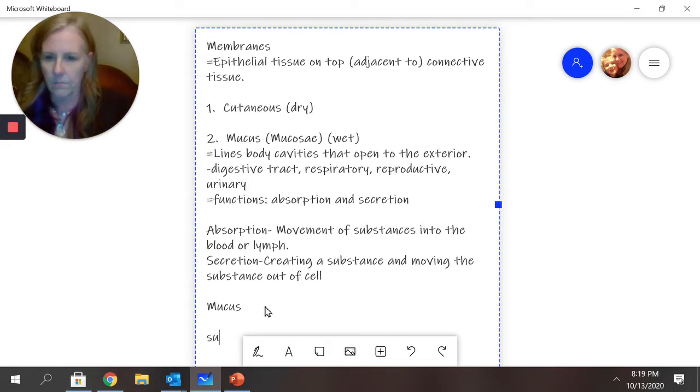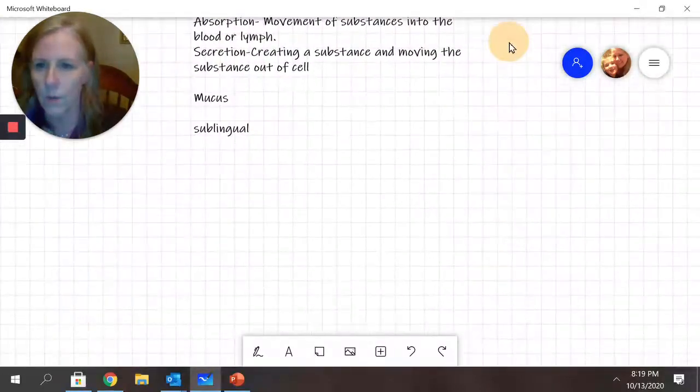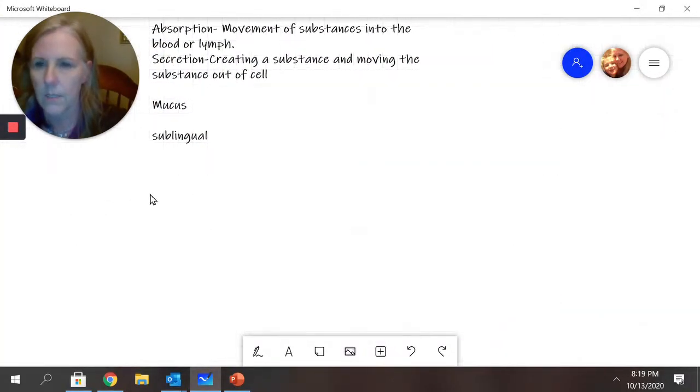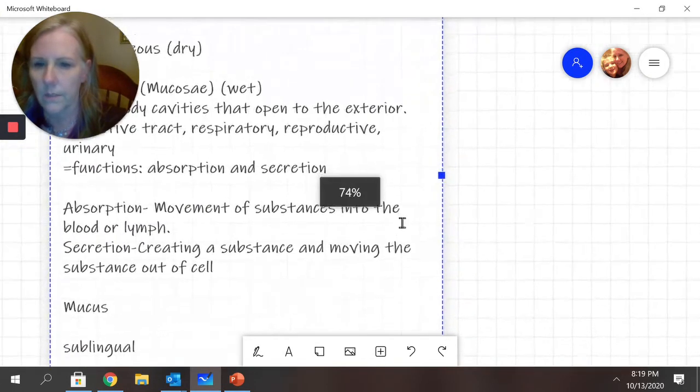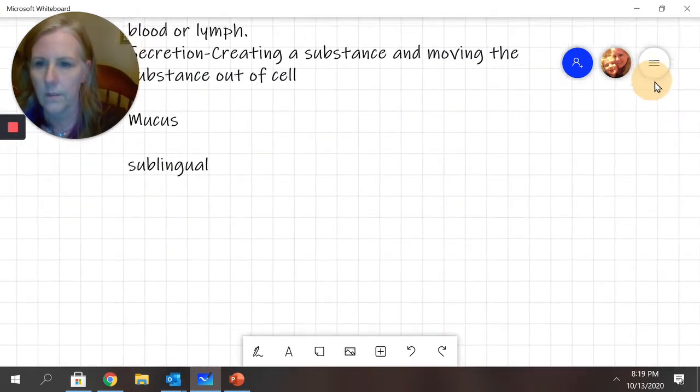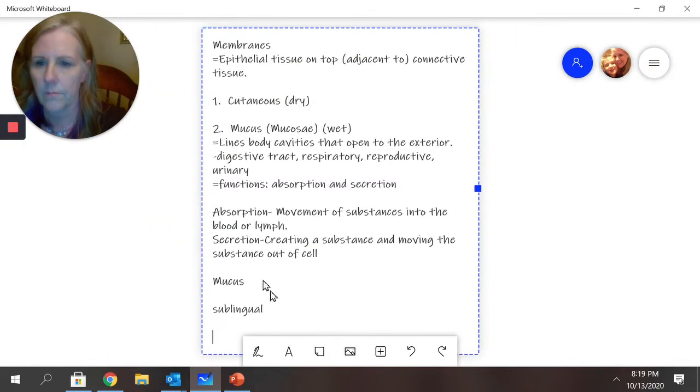Let me write this down. Sublingual. If we just look at the word, what does that word mean? Sublingual. I don't know what I'm doing here.